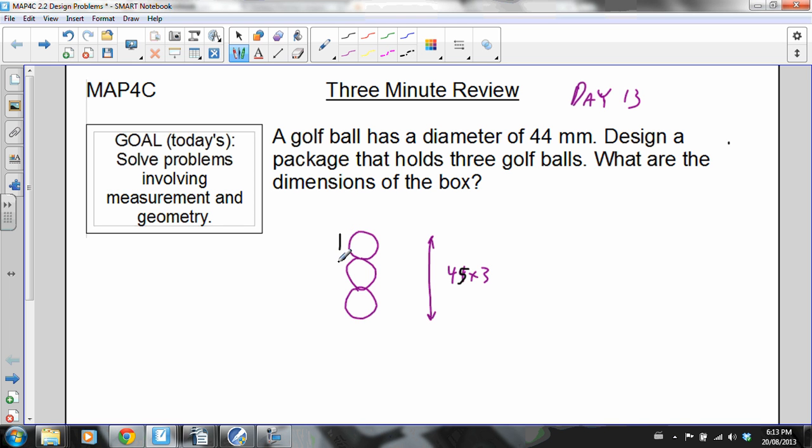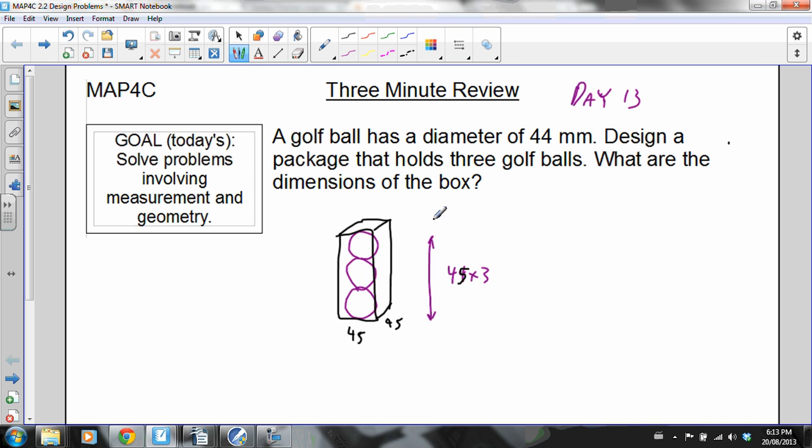So if this is the box here, instead of 44, we have a few millimeters of wiggle room in here, and then this would be 45 and 45, so the ball doesn't get stuck getting put into the package.